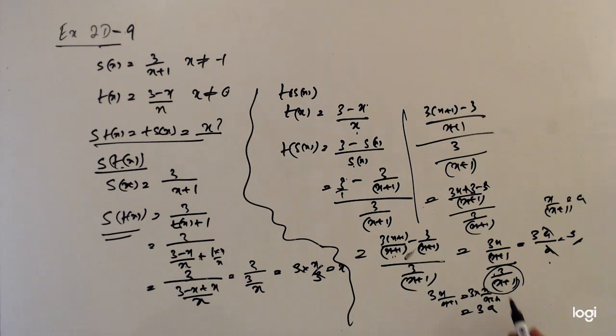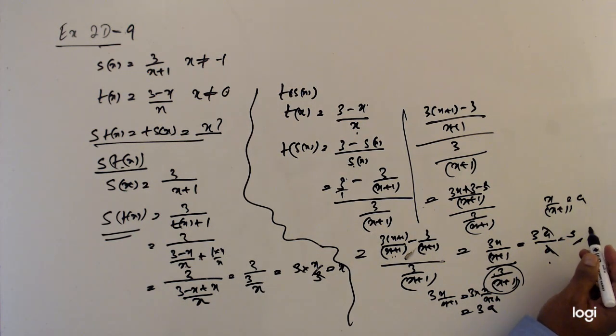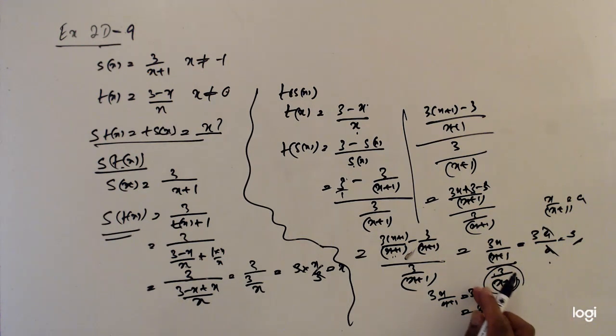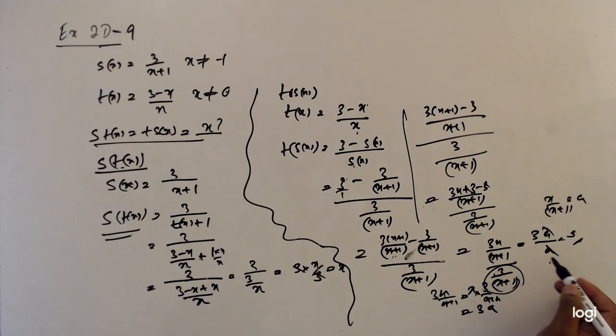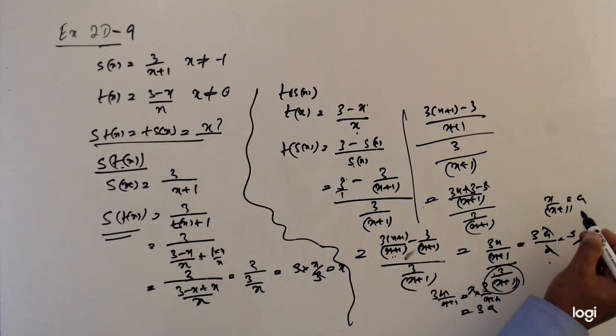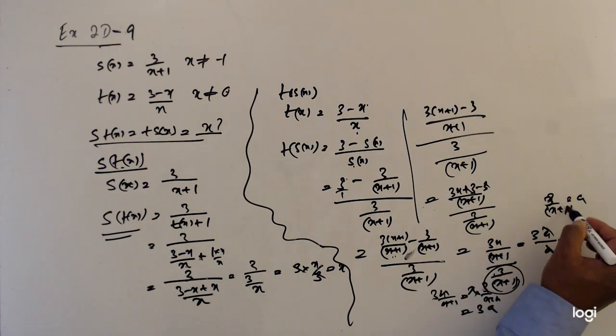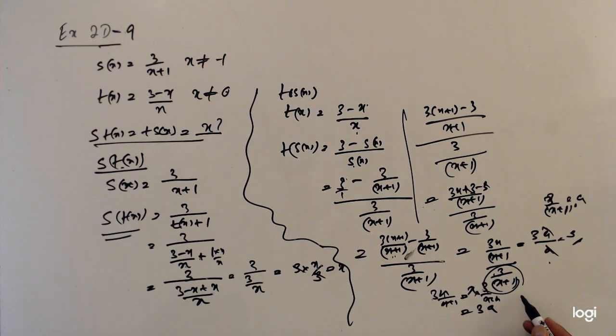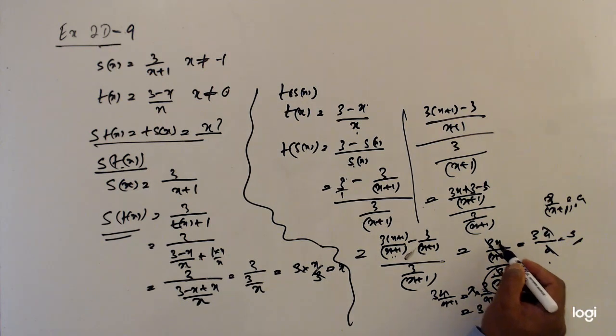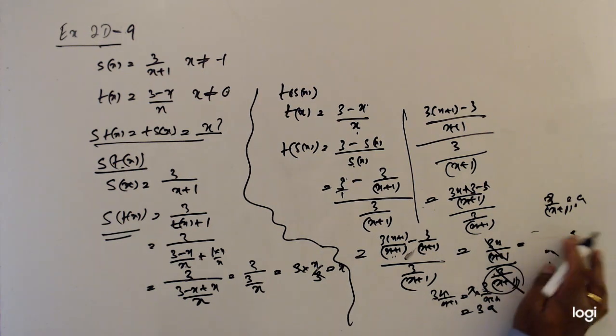So basically, when you look at this answer, the x plus 1 cancels out and x is remaining.